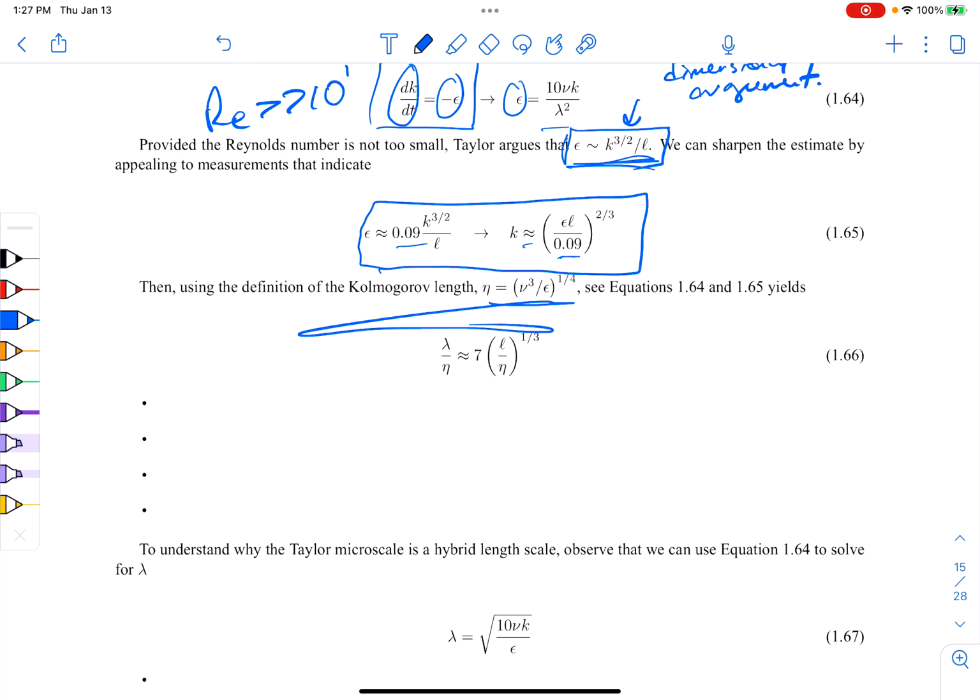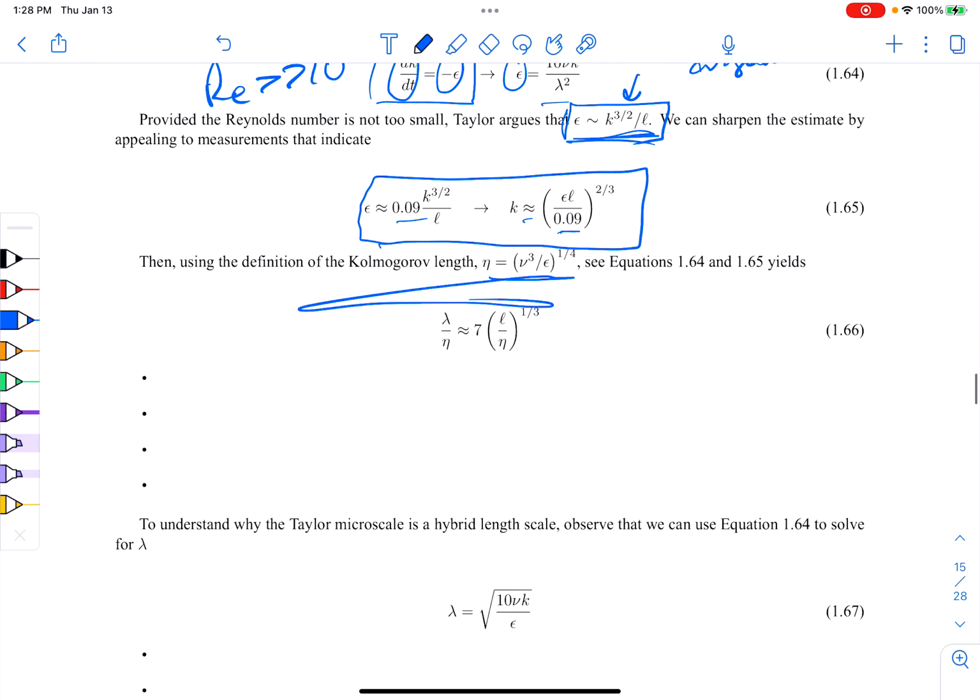And so what Taylor did here is he related these microscales with lambda. So this is the Taylor microscale.